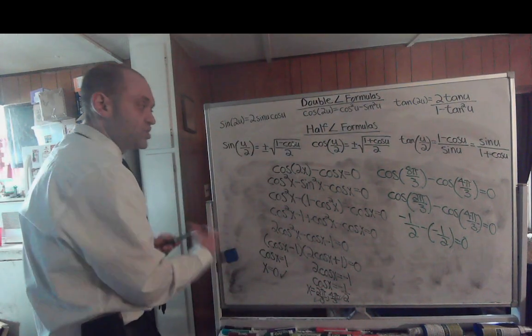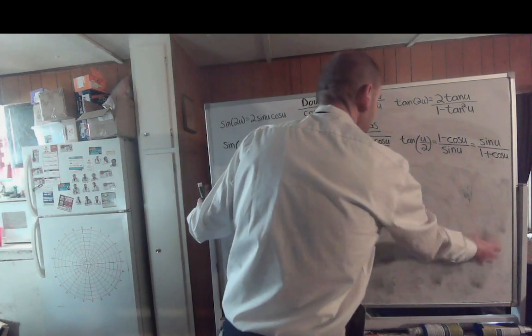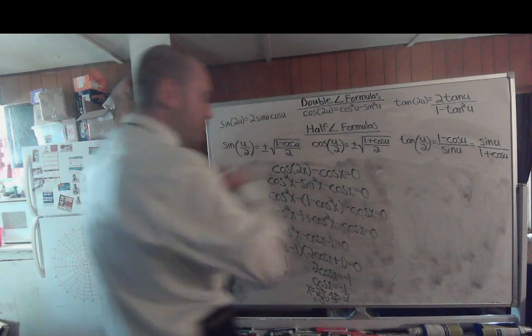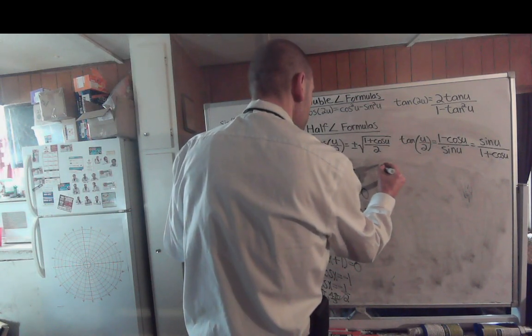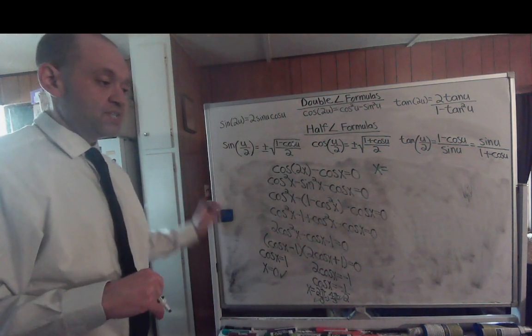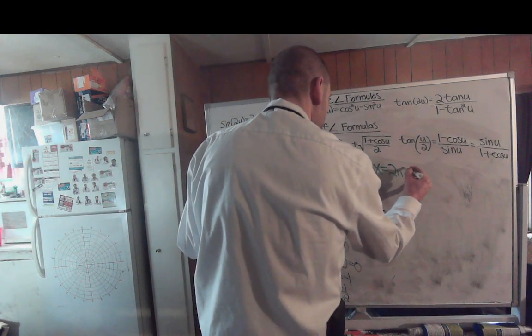So we have 3 general solutions to this equation, and we'll list them. For the general solution, we know, again, cosine is periodic at 2 pi. So 0 plus 2n pi, that would just simplify into 2n pi. That's one general solution.